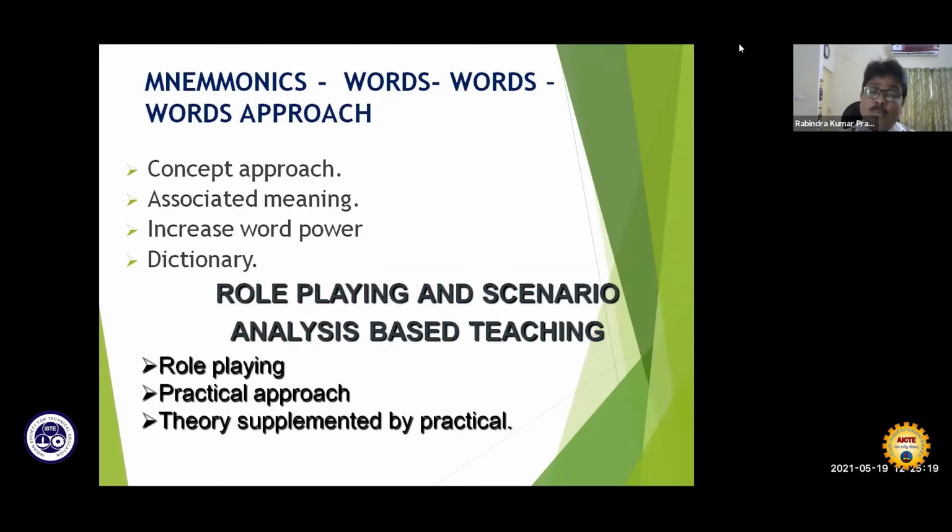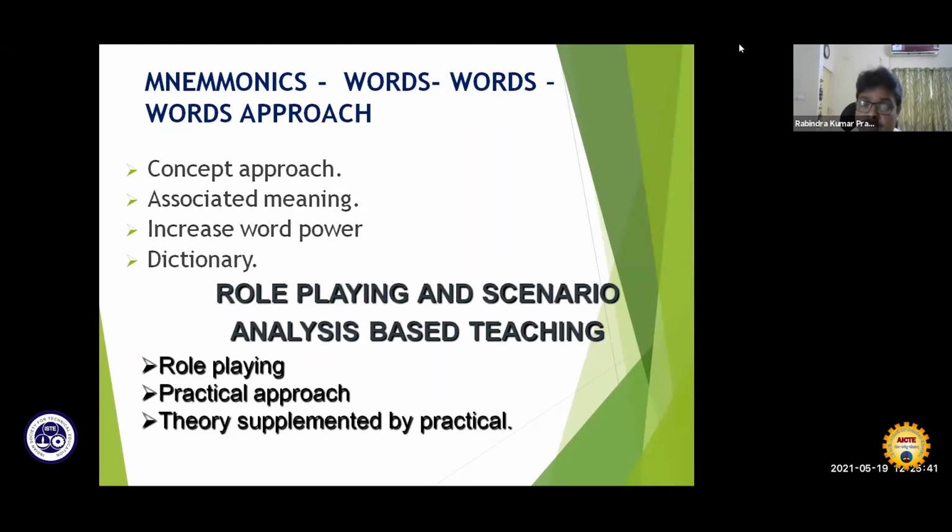But in the case of role playing, you are actually bringing out how that particular thing is applicable in a real life situation. So it has practical value. Theory supplemented by practice gives better understanding and the impact is more long lasting.